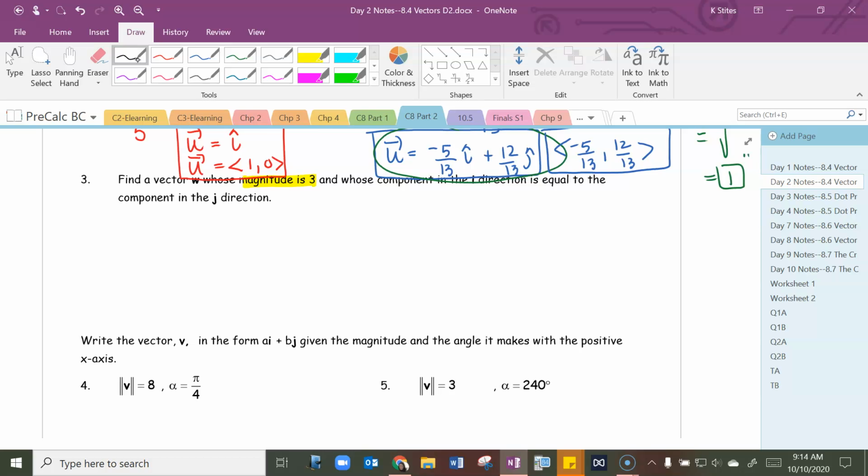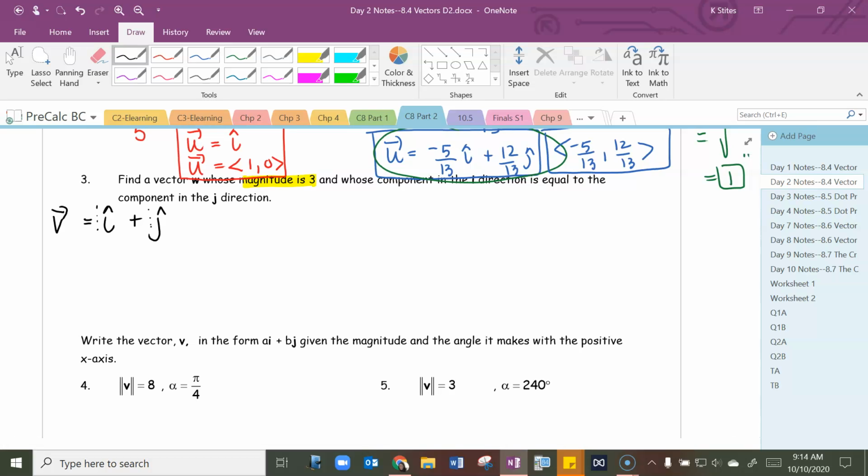So you can create a vector that has that I component equal to the J component. I'm going to call this vector V, and I'm just going to call it I plus J. They're both 1s here, so their I and J components are equal to each other.